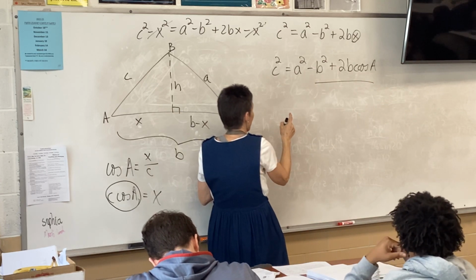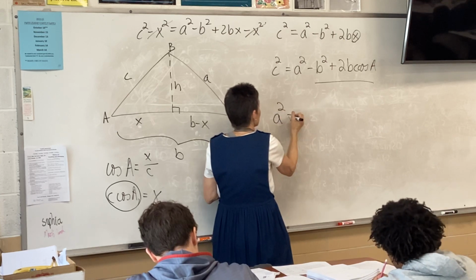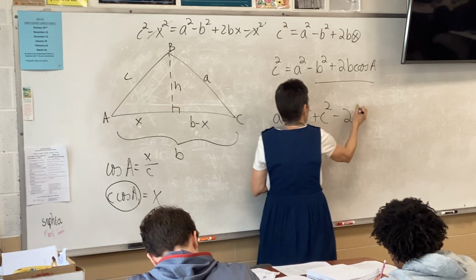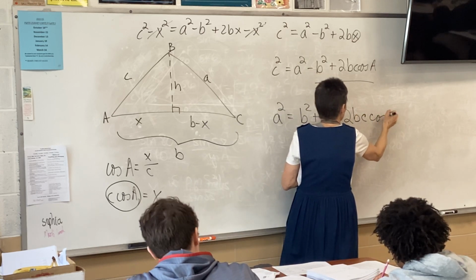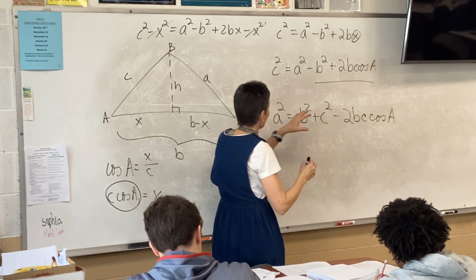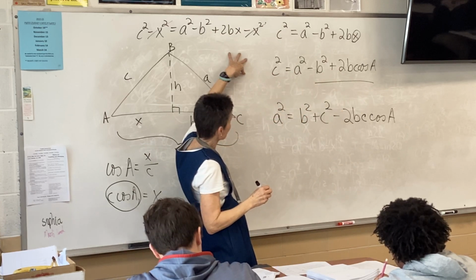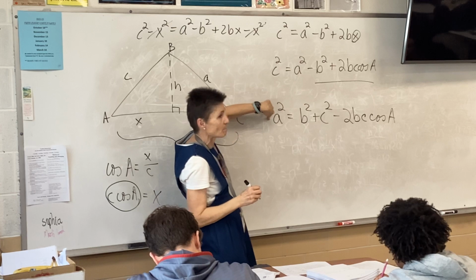So I'm gonna have a squared equal to b squared plus c squared minus 2bc cosine A. So all I did was pull all this stuff over to this side so that a squared is by itself.